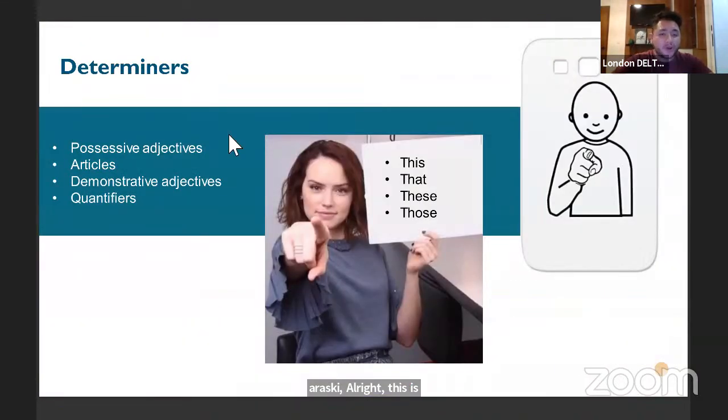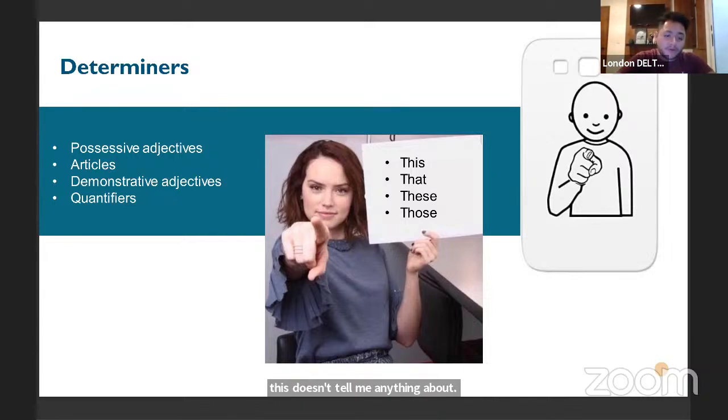Let's see. We also have determiners. Determiners are these words that, as you can see, the function is to determine, right? Para determinar. Determinar qué? Determinar algo sobre el sustantivo, all right? So, in this case, the possessive, we have, for example, esos son algunas subcategorías. We have possessive adjectives. If you say car, for example, or cat, or computer, or any other word, this doesn't tell me anything about these things, right?